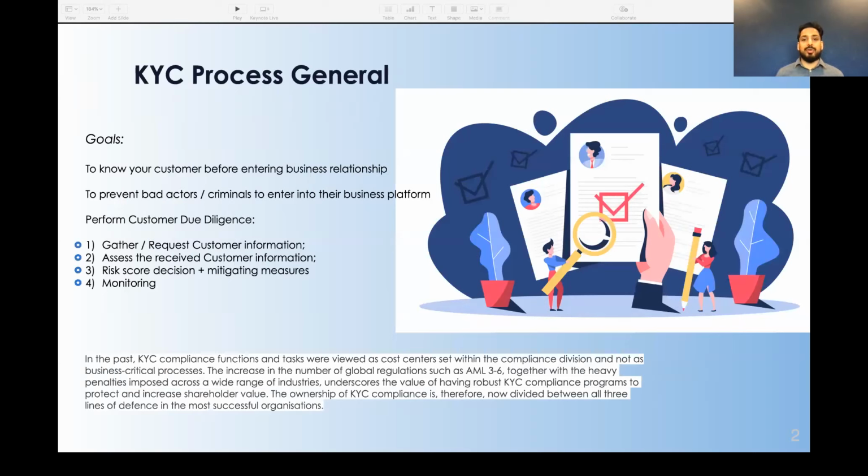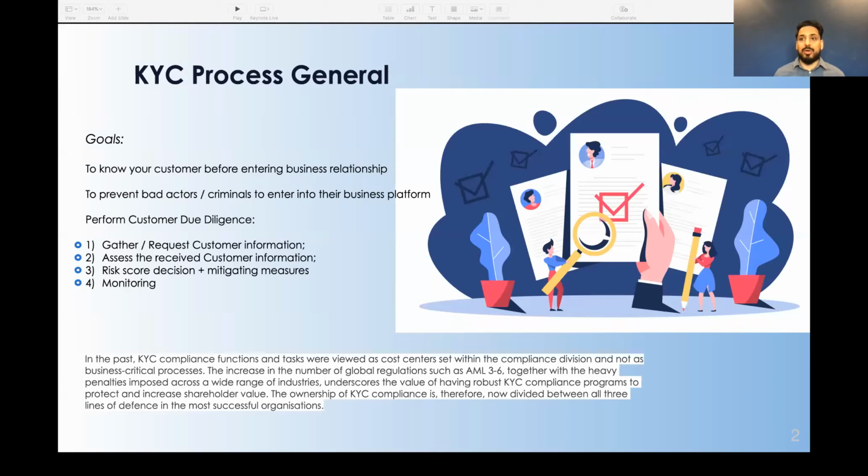So, the KYC process in general. I don't know the background of the attendees, whether you already have some information about KYC or not, but I will briefly mention what it contains and what it means.